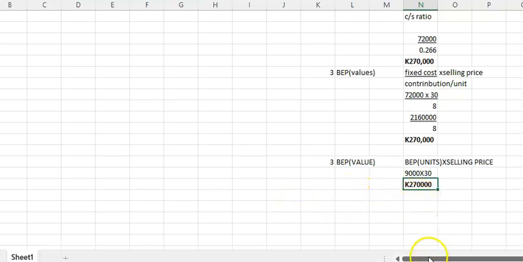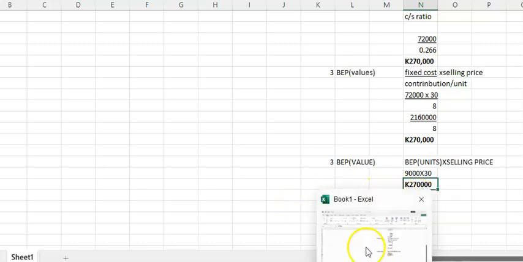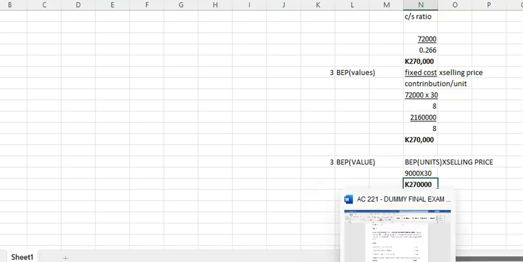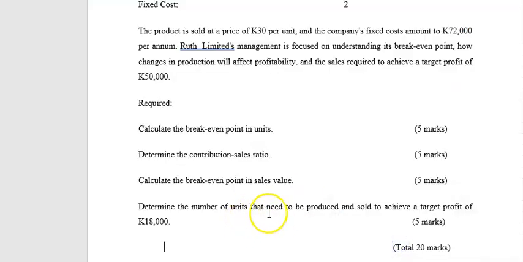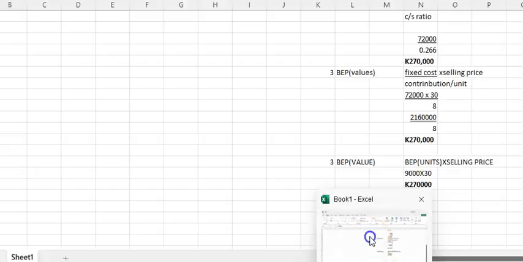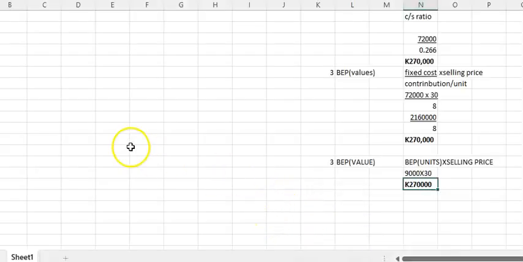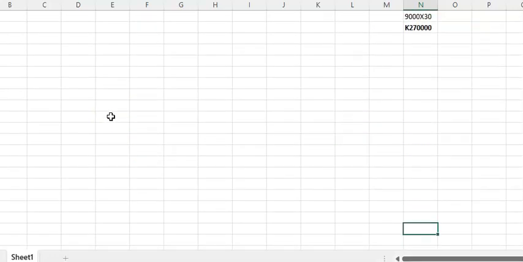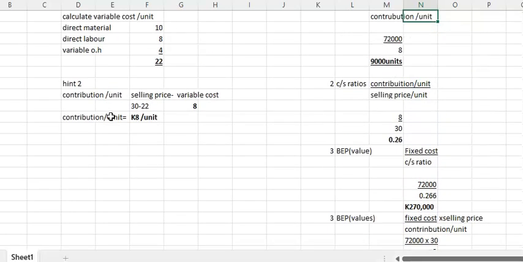So now let's address the question of determining the number of units to be produced to reach a profit of 18,000. This one is the simplest question.